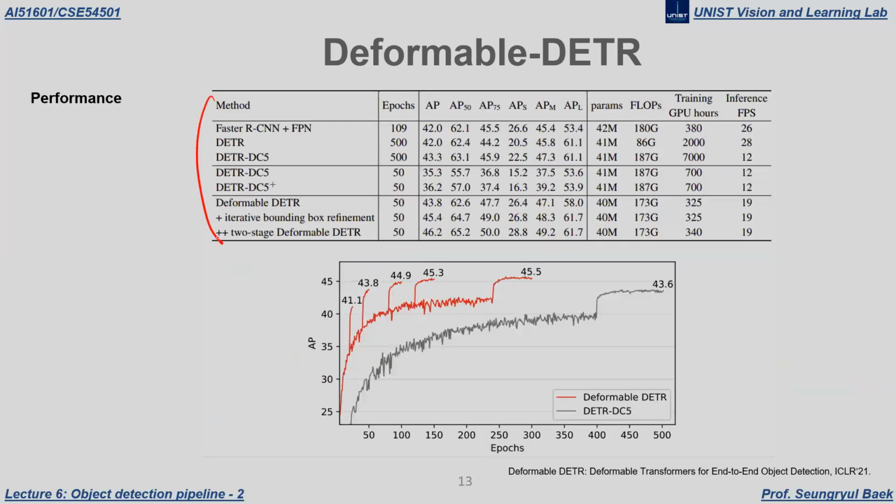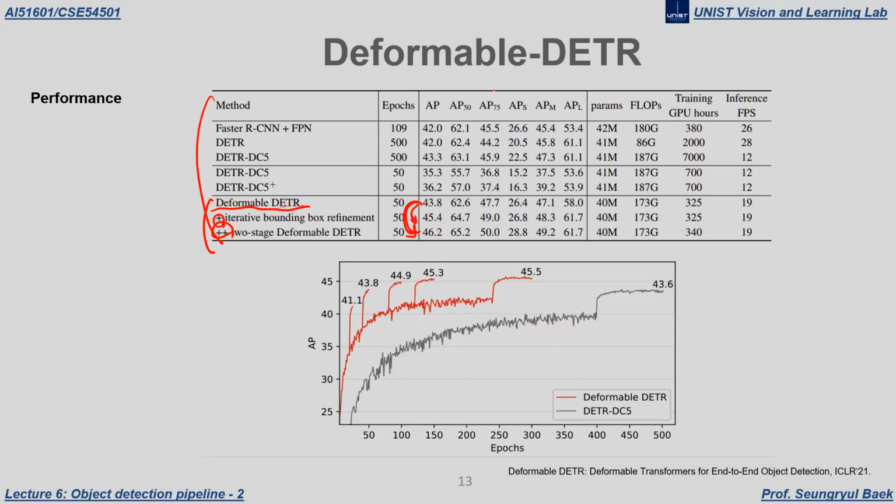And they are saying that by using this method, the deformable DTR, their performance is slightly improved, okay? So you can see here, firstly, this is the original deformable DTR. And if you use iterative bounding box refinement, the performance is slightly improved. And by additionally using the two-stage things, by obtaining some proposals and using them as the input to the decoder, the performance is also slightly improved, okay?